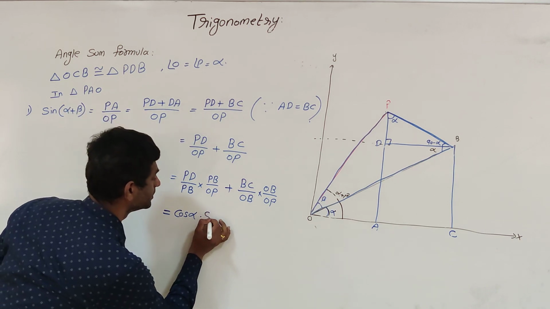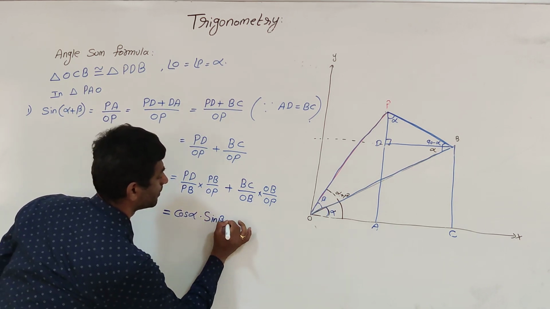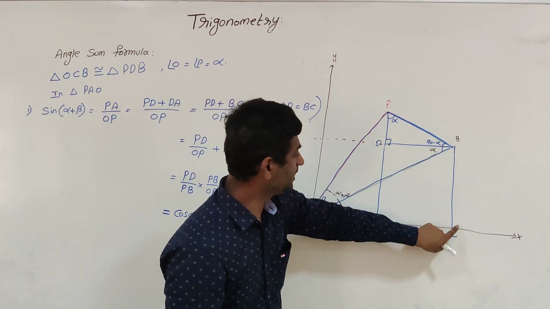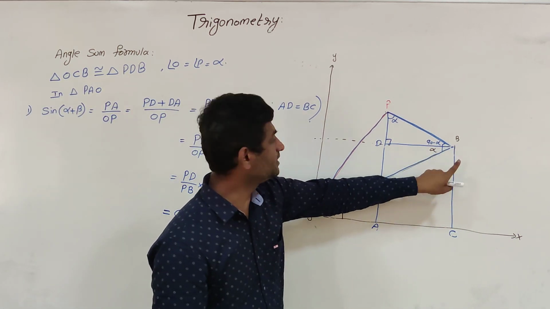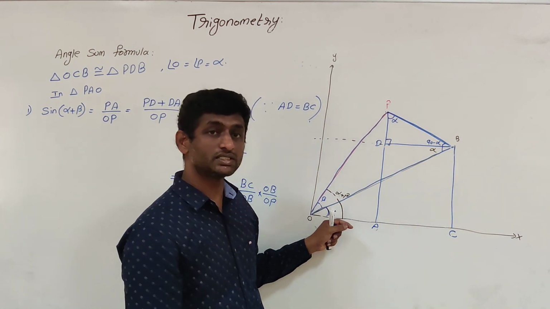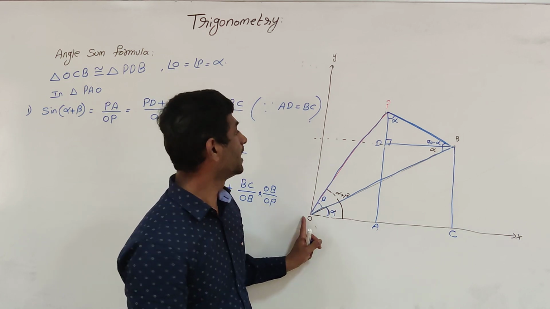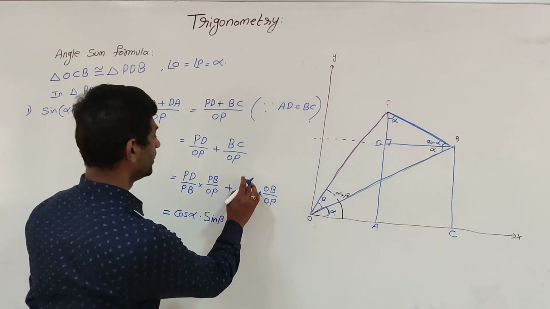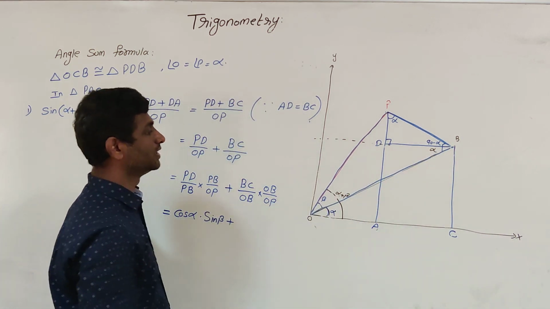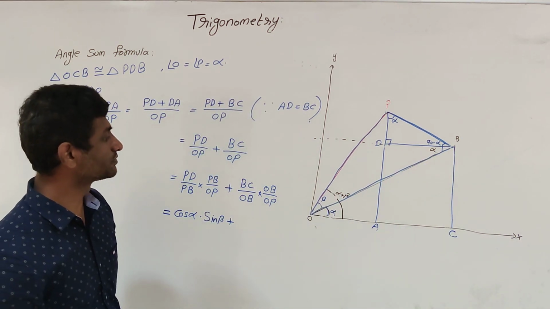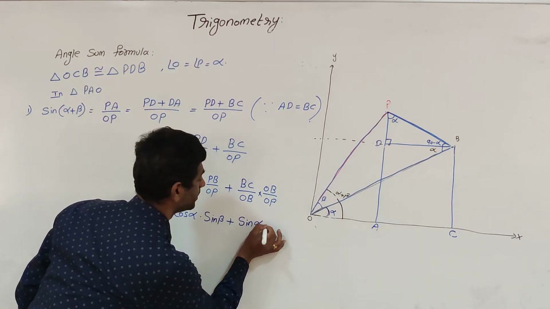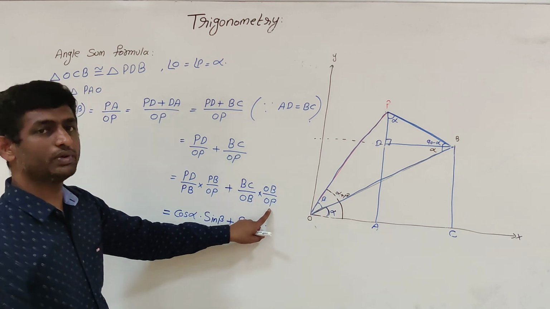So we can have sine beta plus BC by OB. BC by OB means BC is the opposite side for alpha, OC is the adjacent side for alpha, and OB is the hypotenuse. BC by OB gives the trigonometric ratio for what angle? Opposite side by hypotenuse means sine alpha into OB by OP.